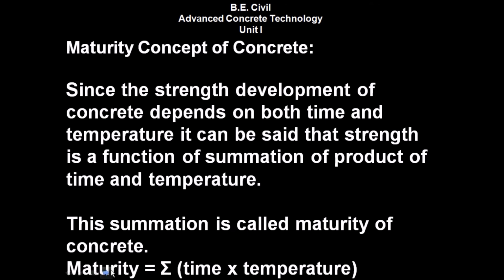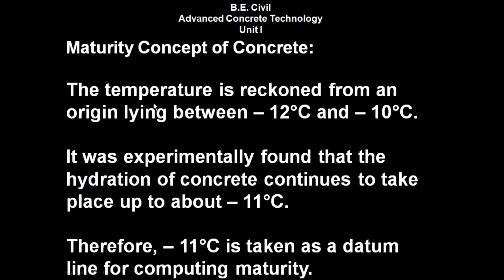Mathematically, it is given as maturity equal to summation of (time multiplied by temperature). The temperature is reckoned from an origin lying between minus 12 degrees Celsius and minus 10 degrees Celsius. It was experimentally found that the hydration of the concrete continues to take place up to about minus 11 degrees Celsius.